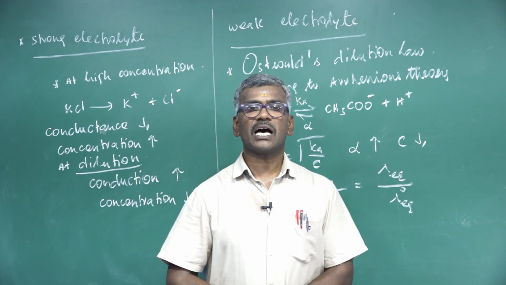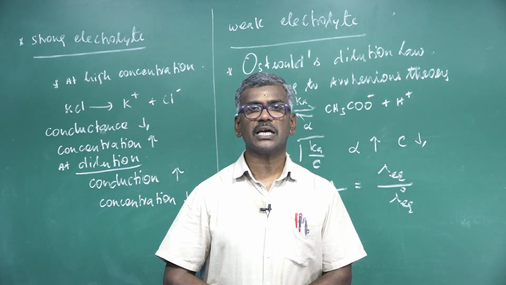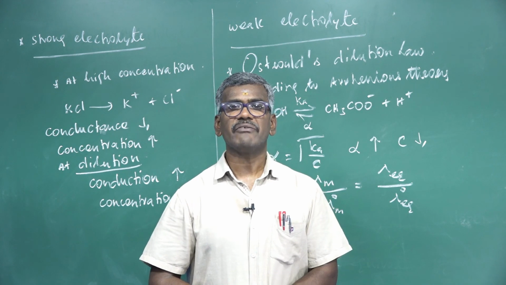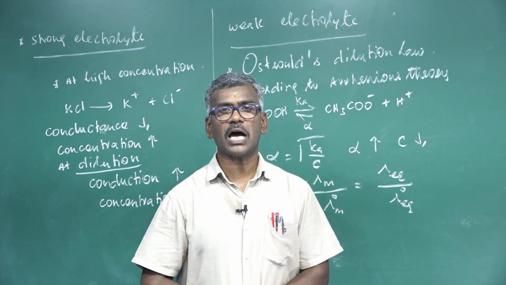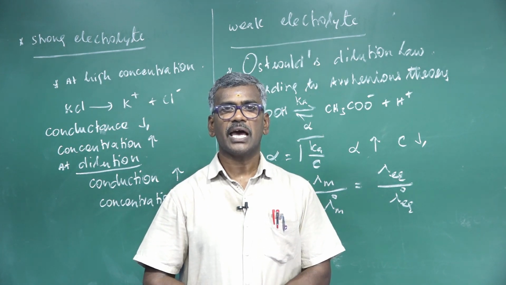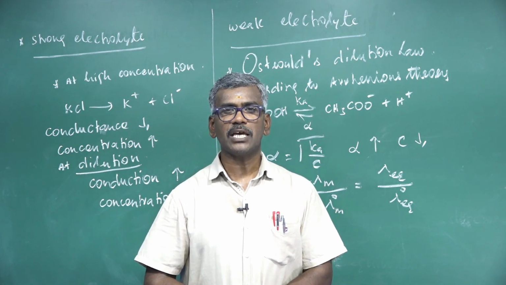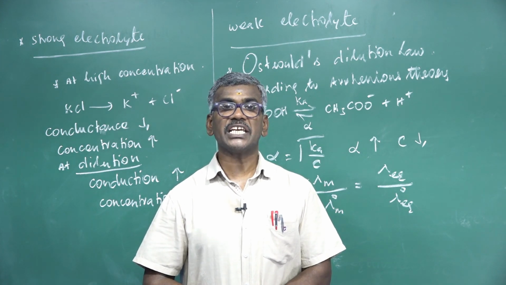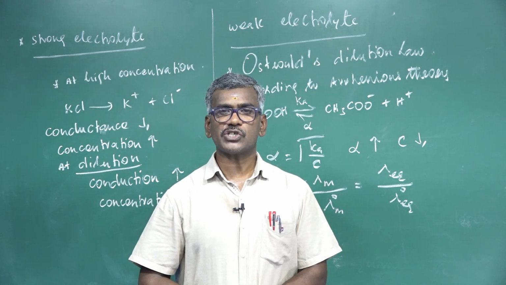Another one is the effect of concentration on molar conductance and equivalent conductance for strong and weak electrolytes. A strong electrolyte can be explained by the Debye-Huckel-Onsager equation. Here, molar conductance equals molar conductance at infinite dilution minus (A plus B times molar conductance at infinite dilution) times the square root of the concentration.